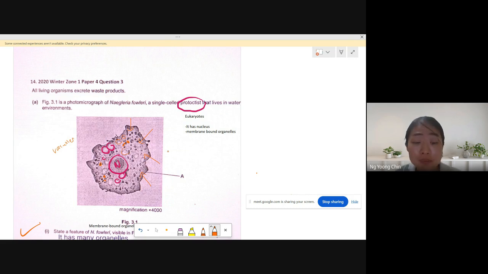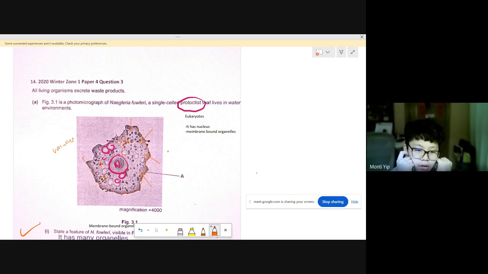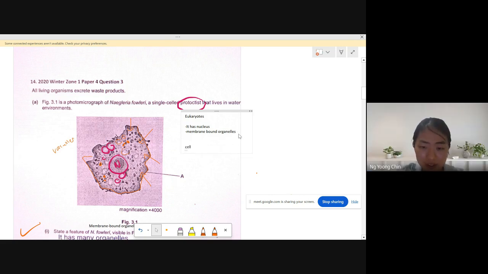Do you know why they can burst? Because they just have a cell membrane on their outer surface. The cell membrane is very fragile. The cell membrane cannot resist the pressure.